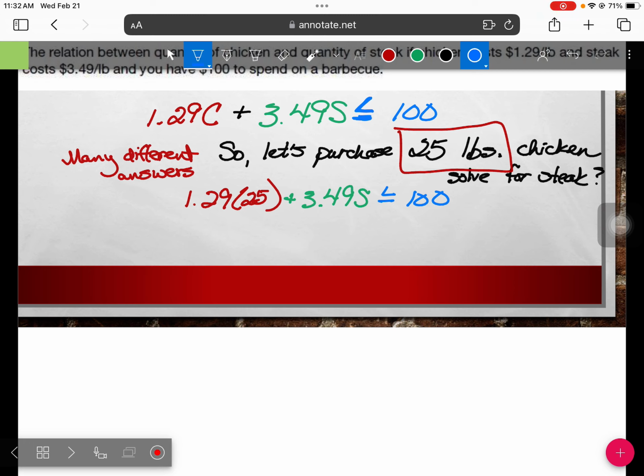I don't know how much this is. I need a calculator. What's 129 times 25? My kingdom for a calculator.